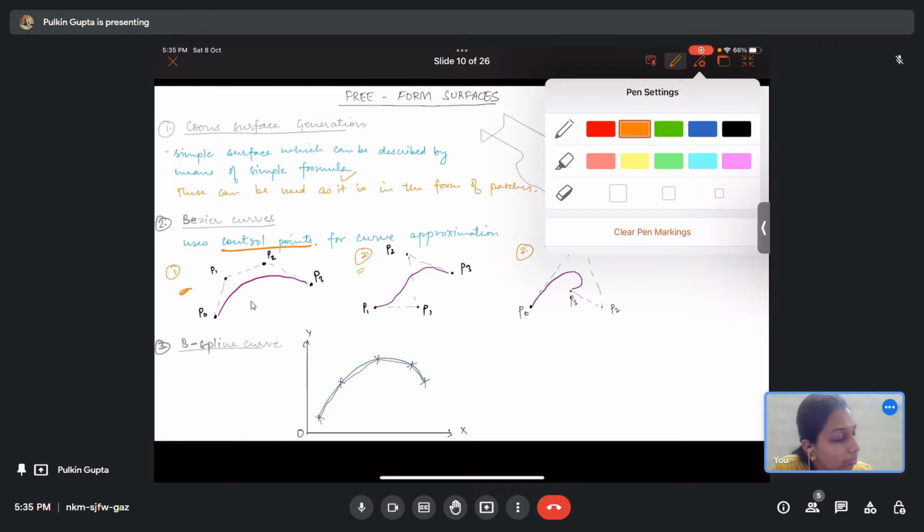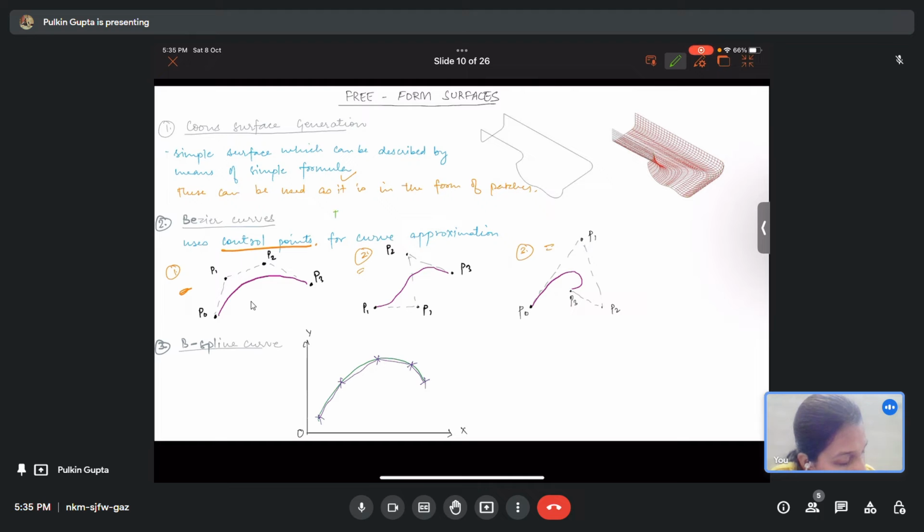Okay, the curve necessarily passes through first and last point, but doesn't need to pass through control points.